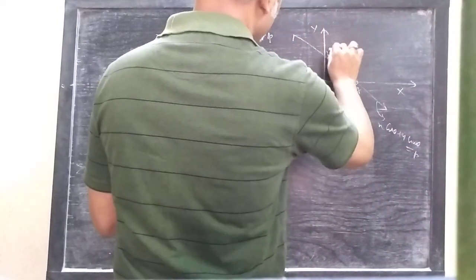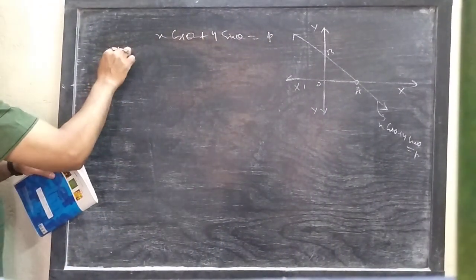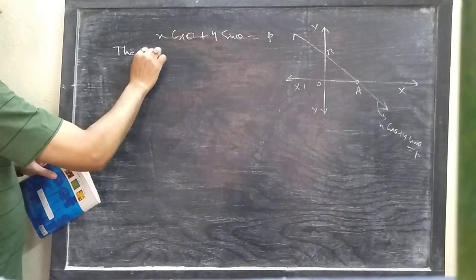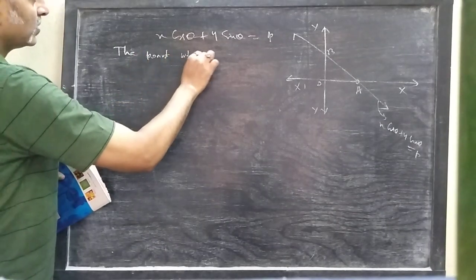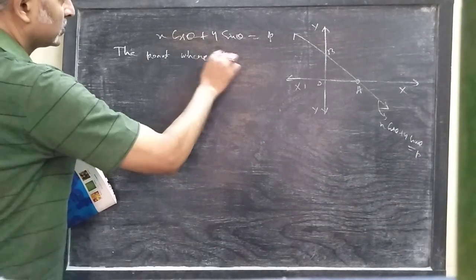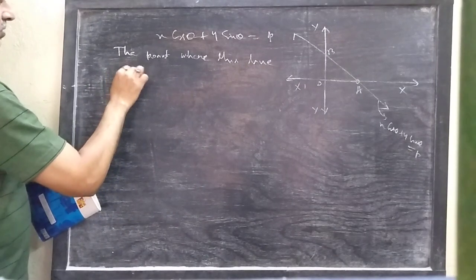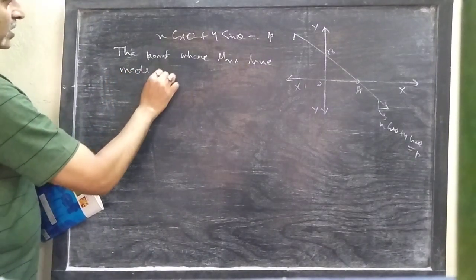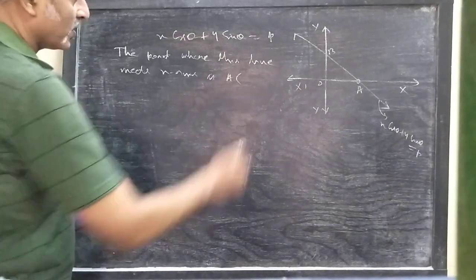This is the point A, this is the point B. Now write the point where this line meets the x-axis is capital A.